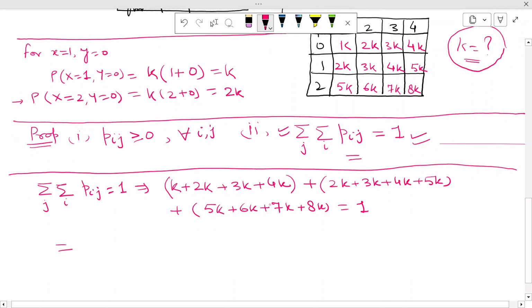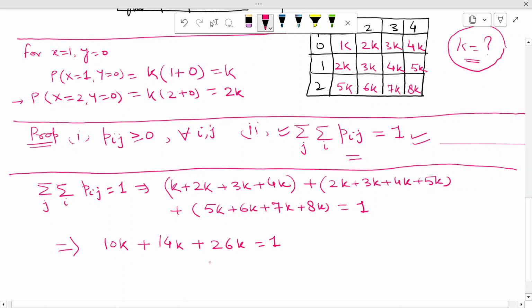When you add these one by one, the sum of the first bracket is 10k, plus here you can see that it is 14k, and lastly we are having 26k, which is 1. So this implies that this sum is 1.